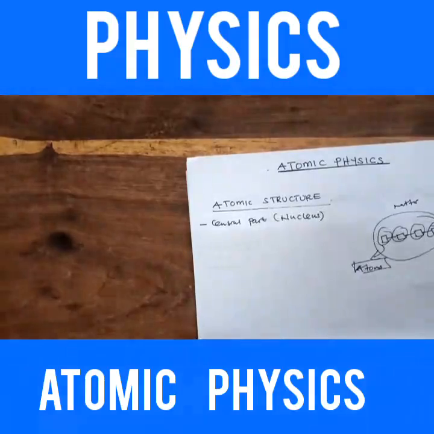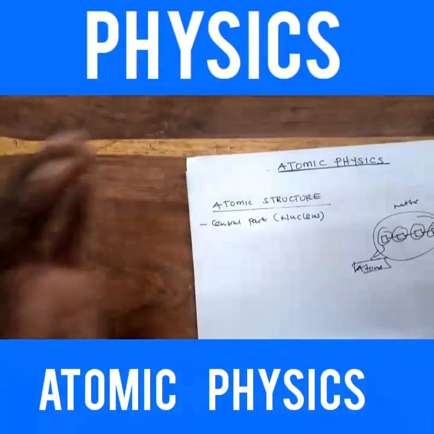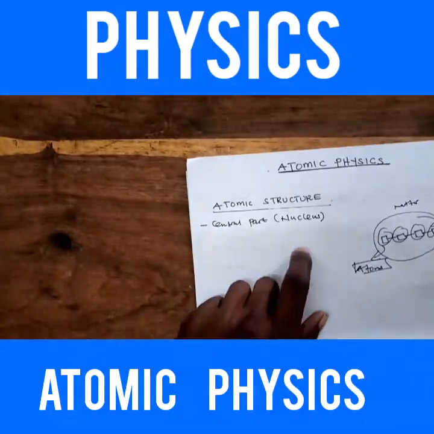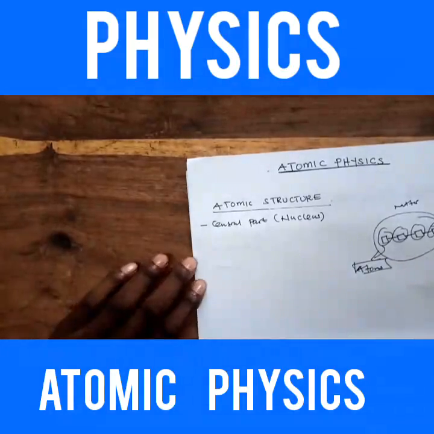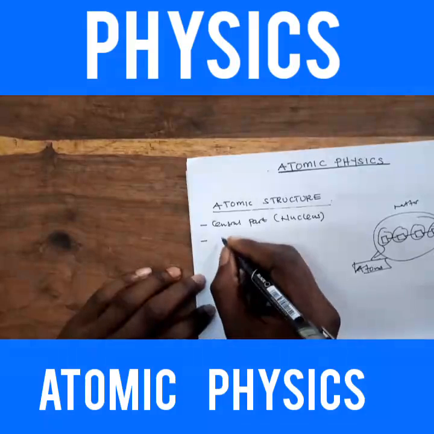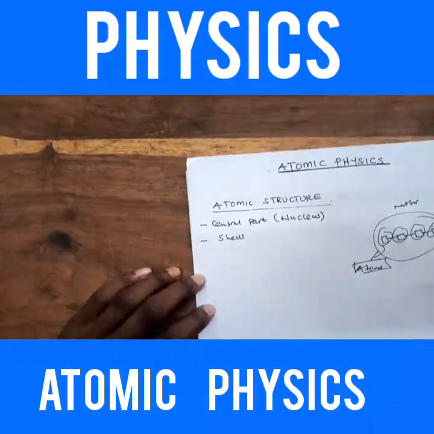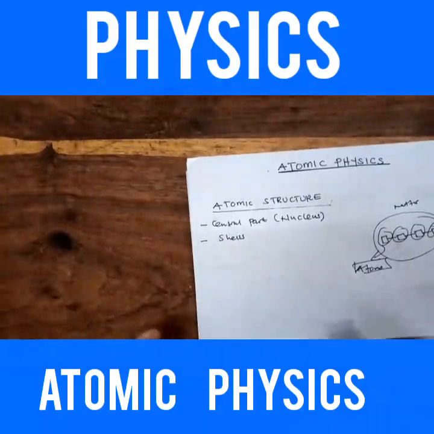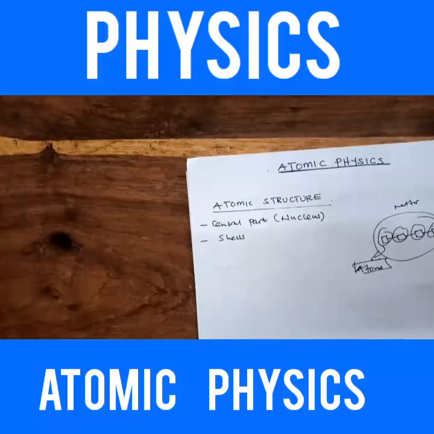So the central part of an atom, the center where its entire mass is concentrated, that's the nucleus of an atom. Apart from that, an atom has what we call energy levels, or simply shells. Within these shells, there are some particles that orbit the nucleus, that move around the nucleus.